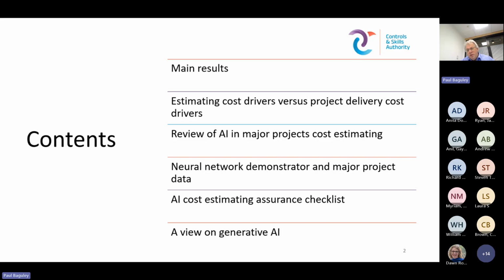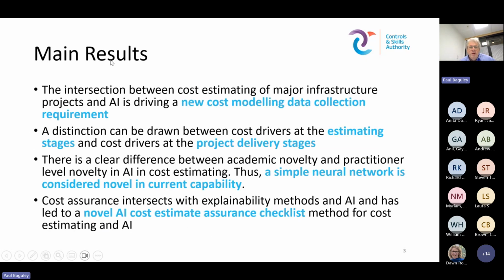So that's the first chunk, the first building block of the framework. The second one was a neural network demonstrator on some major project data, and we'll see why that was as the next building block. And then there's a cost estimating assurance checklist as the other building block, and a bit of a bonus, some view on generative AI, which is ongoing here at the university.